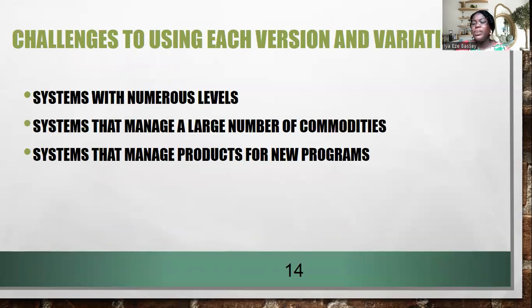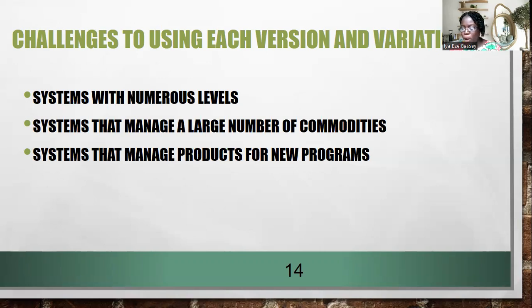So we found out, especially from the last lecture, that there are various challenges to using each of the inventory control systems. For instance, a challenge that you may have is if you have a system with numerous levels, like we have seen in that other pipeline, then you now have a system that manages a large number of commodities.